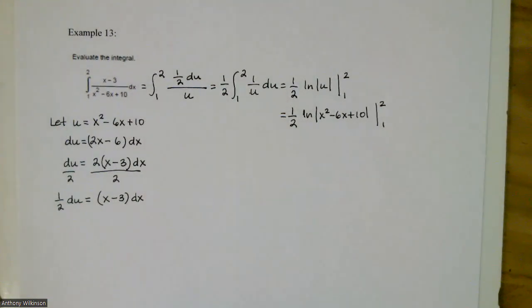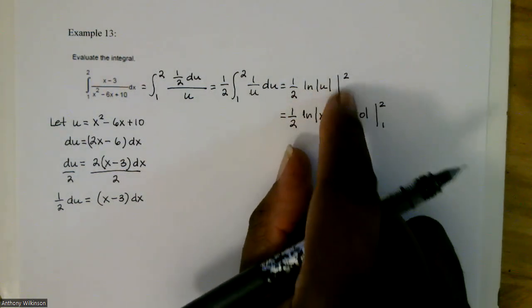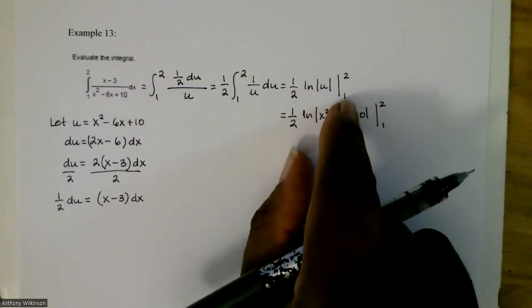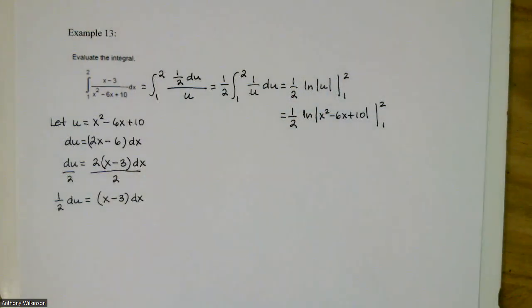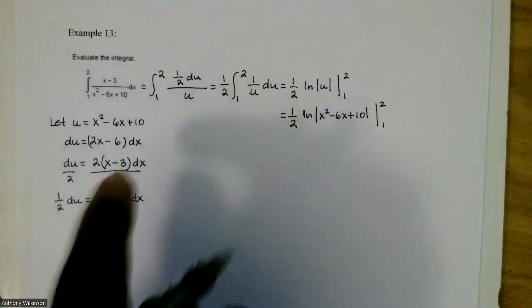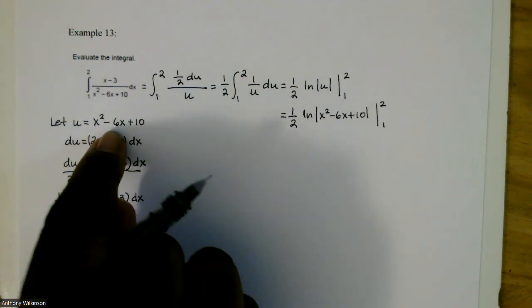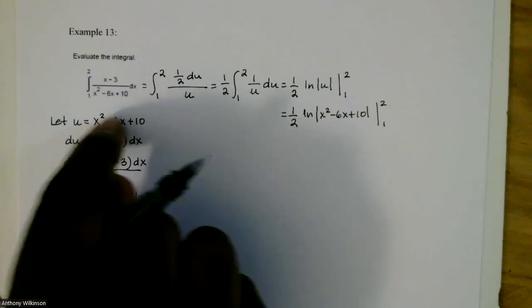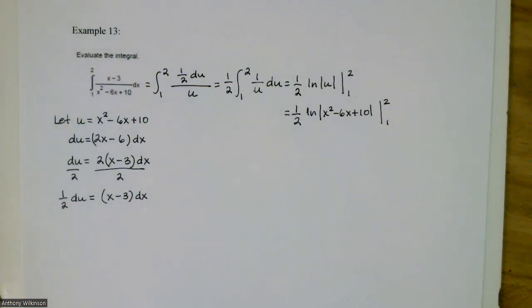That 1 to 2 are for my x values. Now, if I want to directly substitute those limits, then I need to change these limits from 1 to 2 to something else by replacing each x with u. Each x with the 1 in this u value and with 2 in that same u expression.